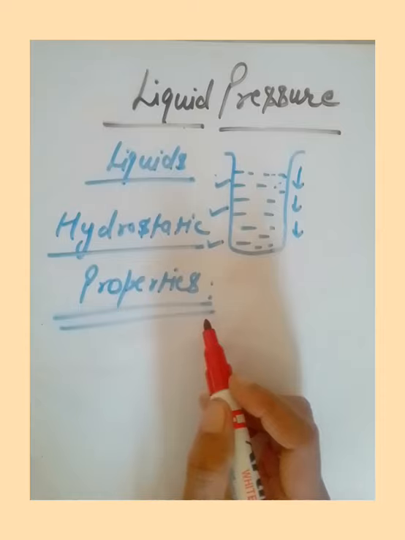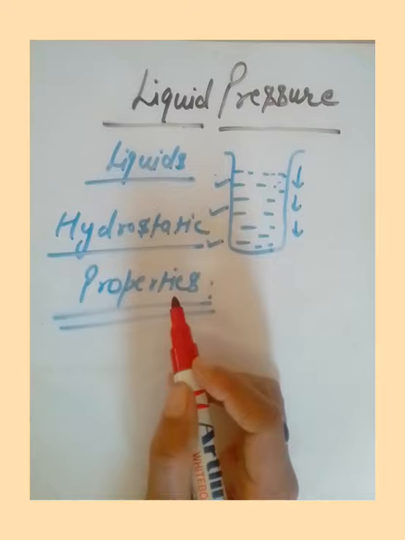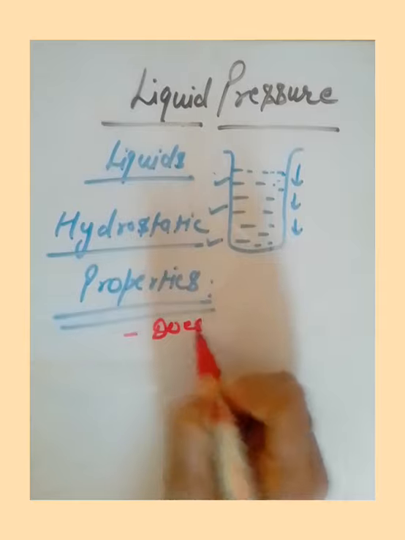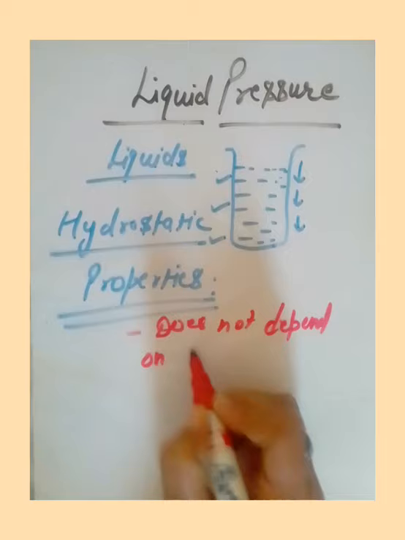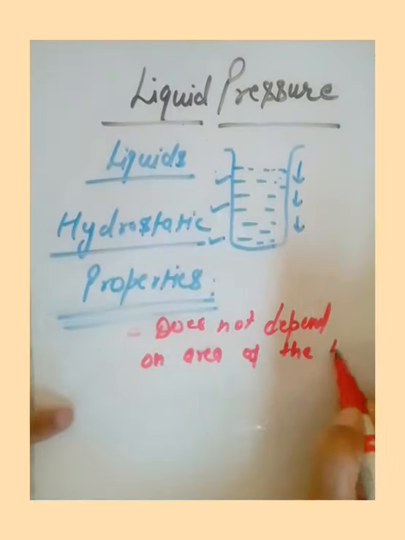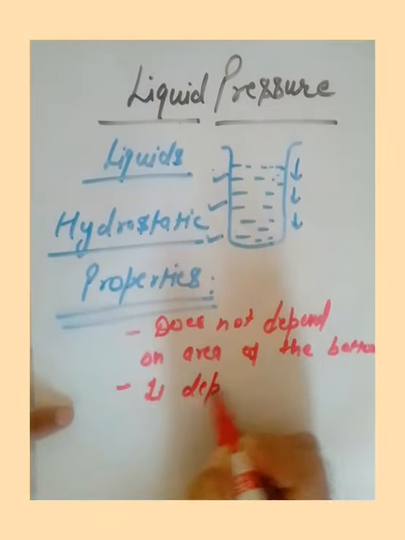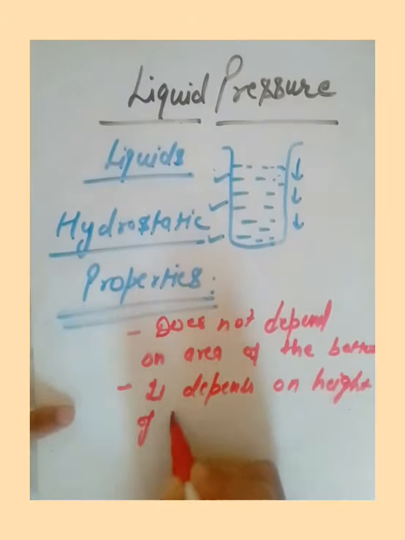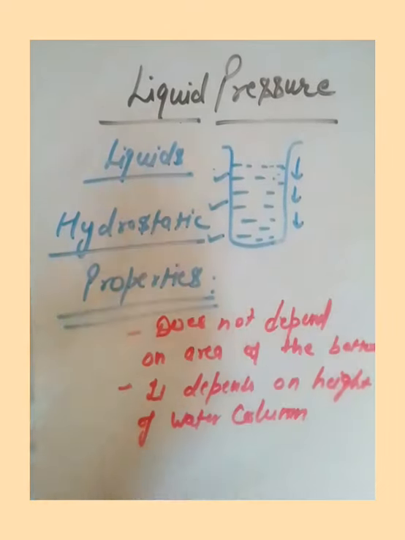So that is the first point. Then we conclude that liquid pressure does not depend on the area of the bottom, but it depends on the height of the water column.